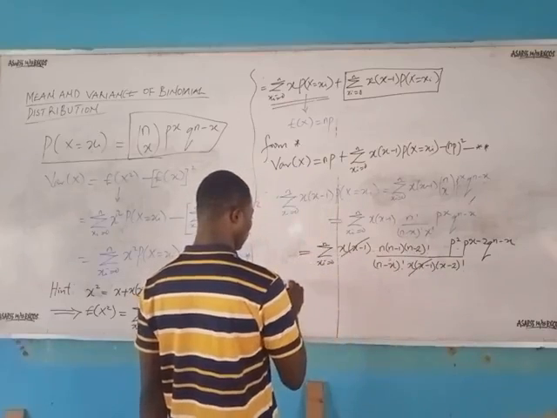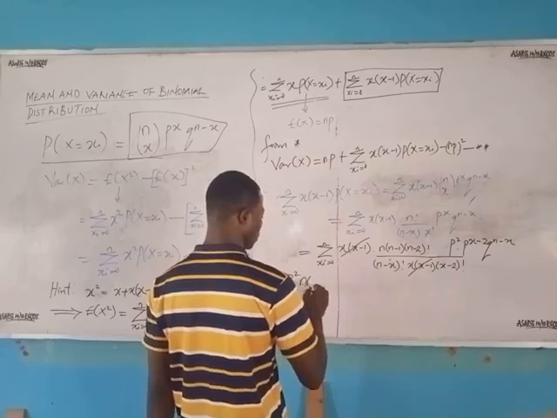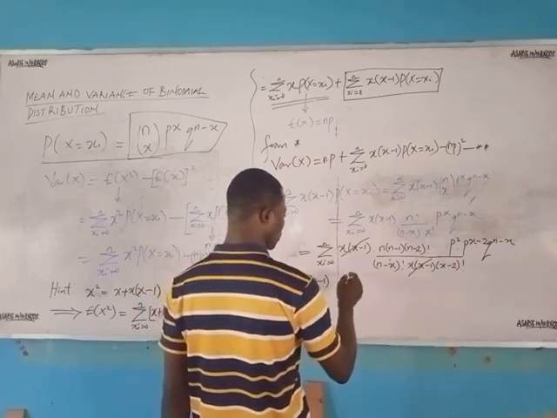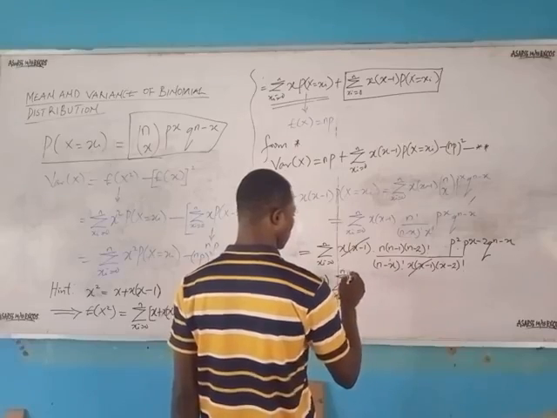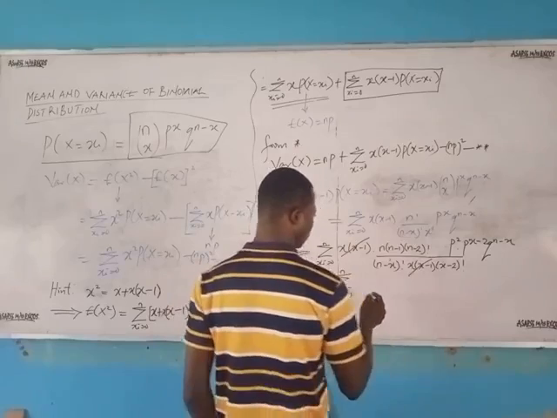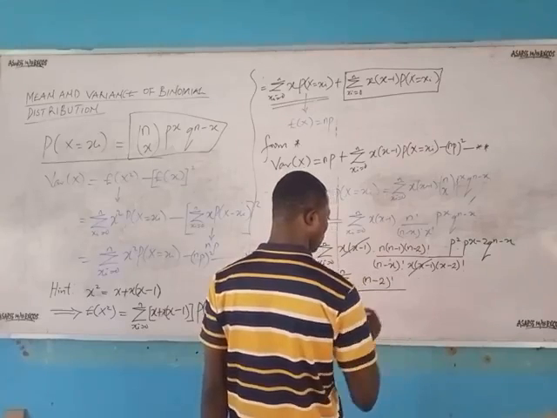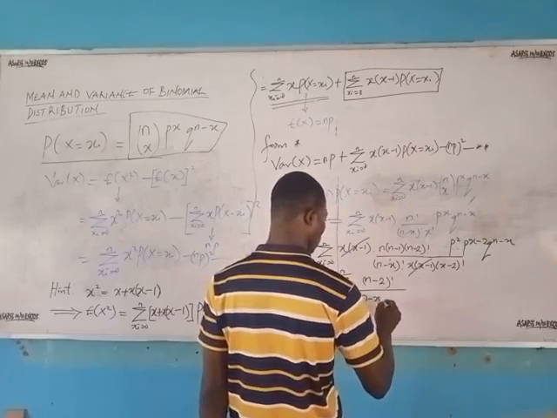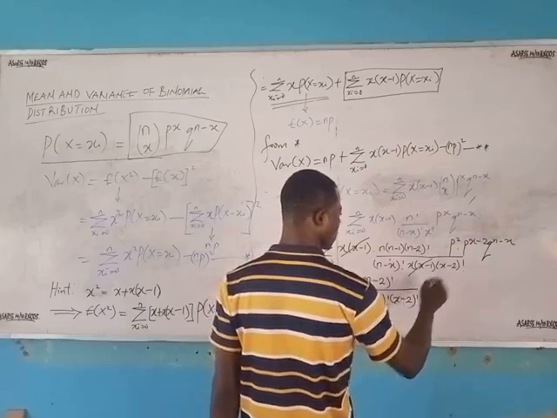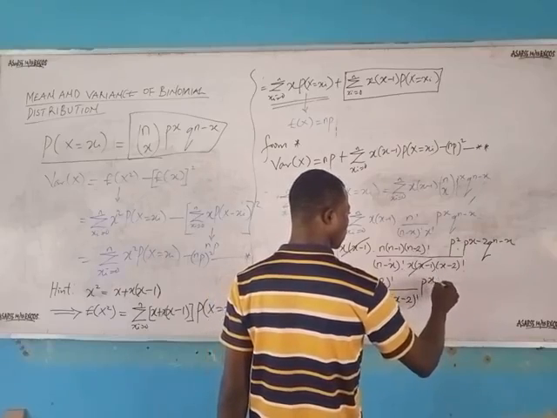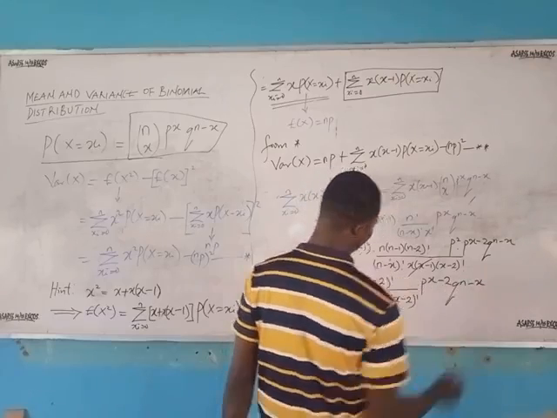So we are going to have p squared times n into n minus 1 times the summation, x equal to 0 to n, of n minus 2 factorial all over n minus x factorial times x minus 2 factorial, then p to the power of x minus 2, then q to the power of n minus x.